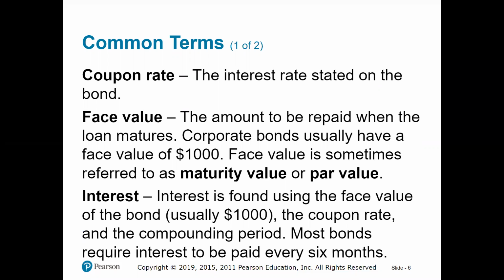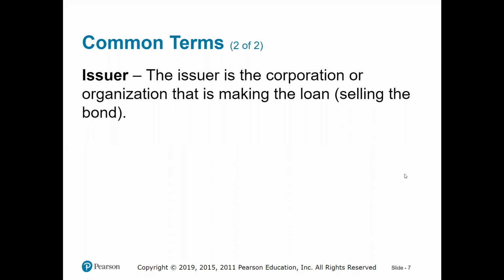Interest is found using the face value of the bond, usually $1,000, the coupon rate, and the compounding period. Most bonds require interest to be paid every 6 months. The issuer is the corporation or organization that is making the loan and selling the bond.